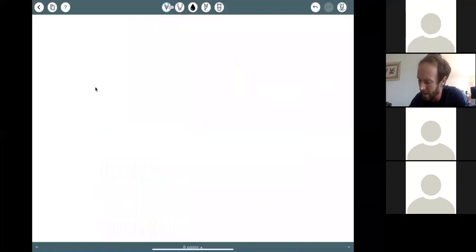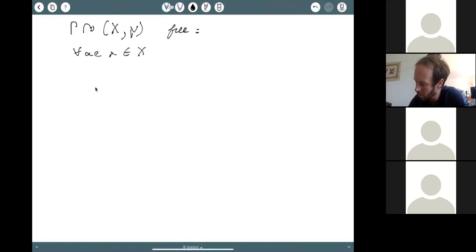So we'll say that an action will be called free if for almost every x in X, the set of elements in gamma that fix this element is simply the neutral element.